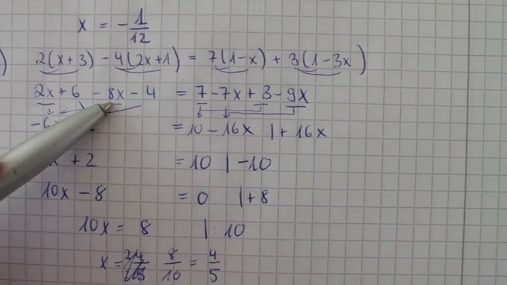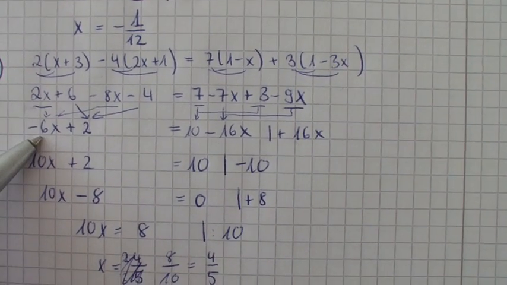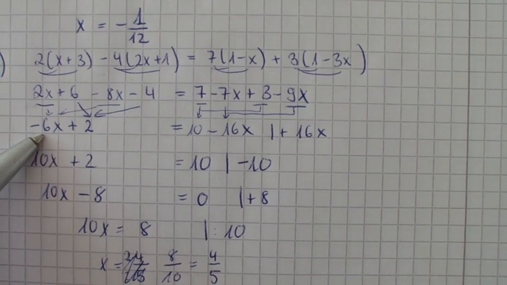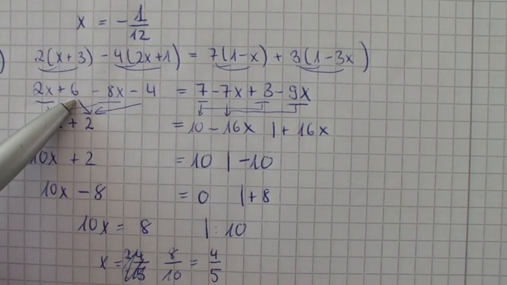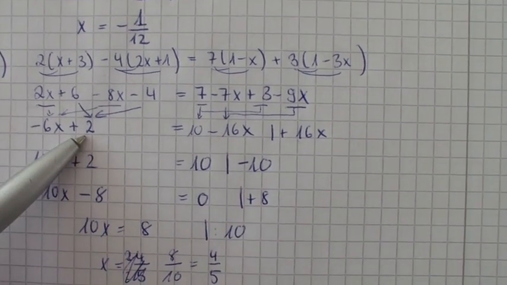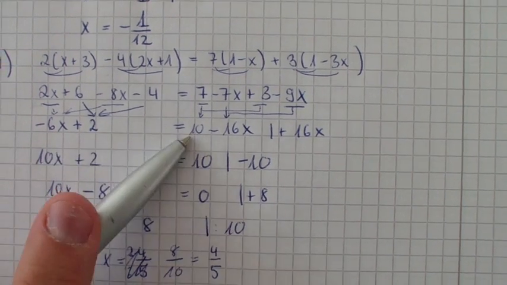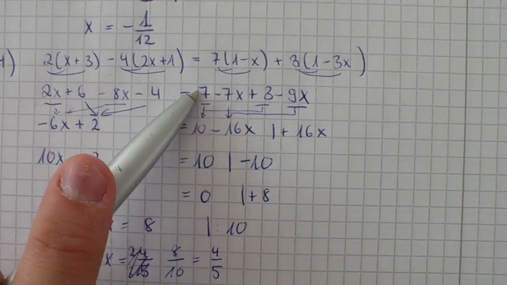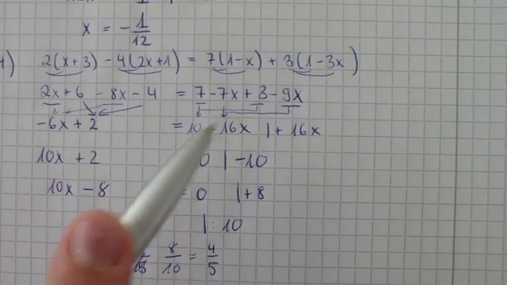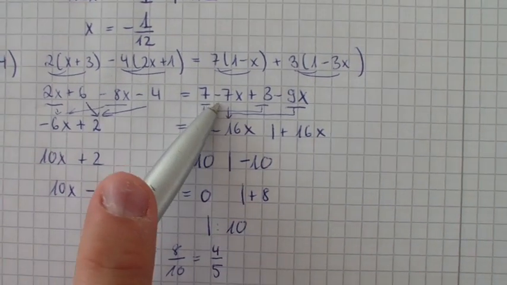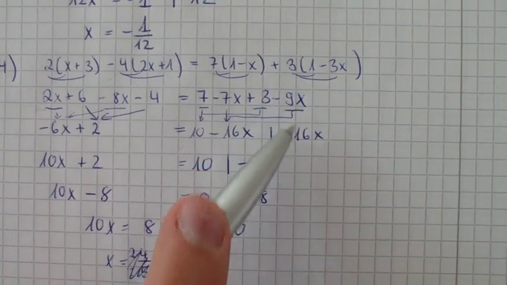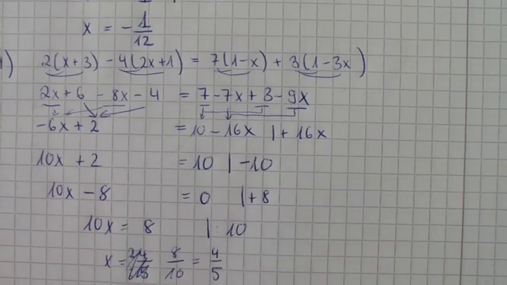We have 2x minus 8x, which will just result in minus 6x. 6 minus 4, which will just result in 2. On the right-hand side, we have 7 plus 3, which will give you a 10, and minus 7x minus 9x will give you minus 16x.